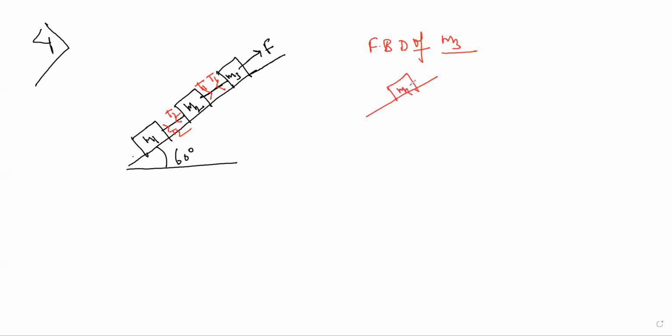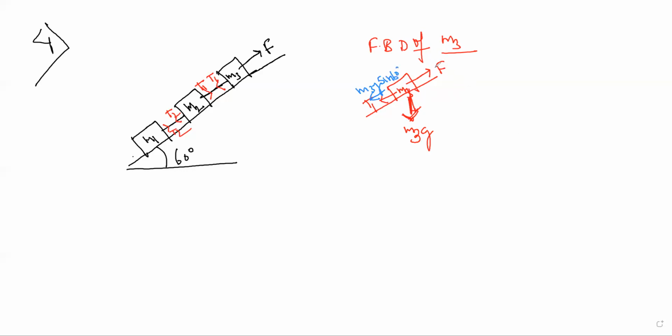This is M3, this is F, this is T1, and this is the weight M3g. The component of its weight along the inclined plane will be M3g sin theta, where theta is 60 degrees.